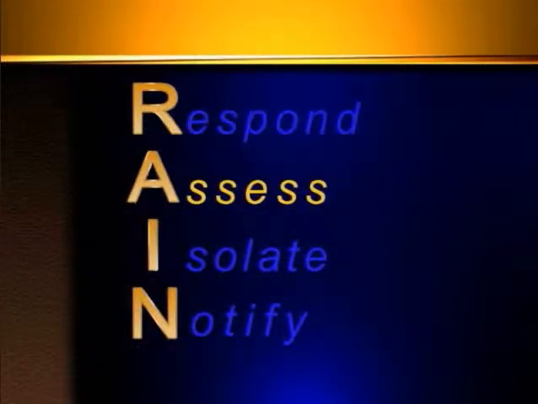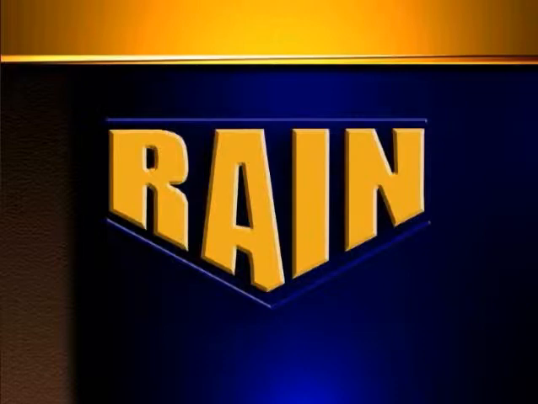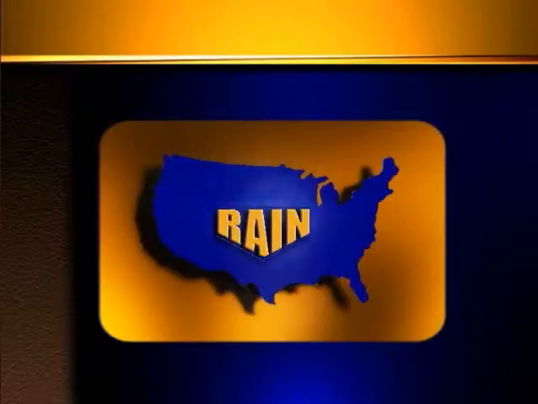The four steps in RAIN: respond, assess, isolate, and notify. That's the RAIN model, and it's been used successfully in schools throughout the nation and can help you as a teacher and your class successfully get through a critical incident or a crisis on your campus.